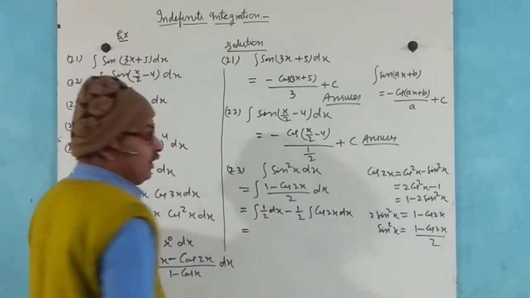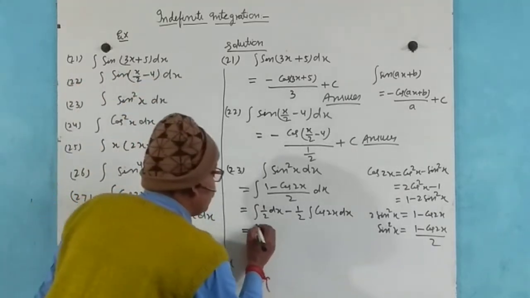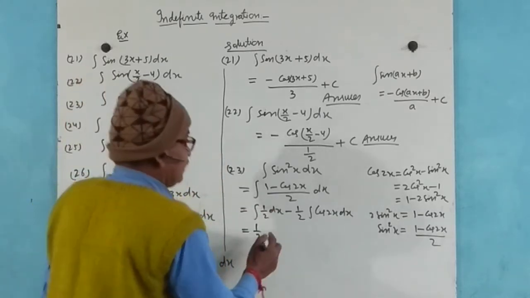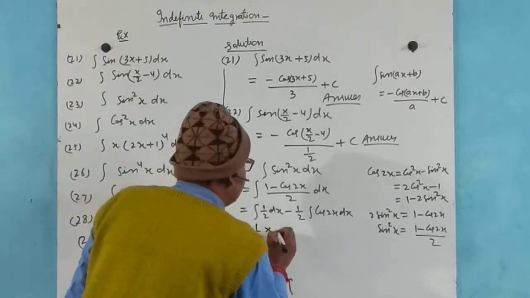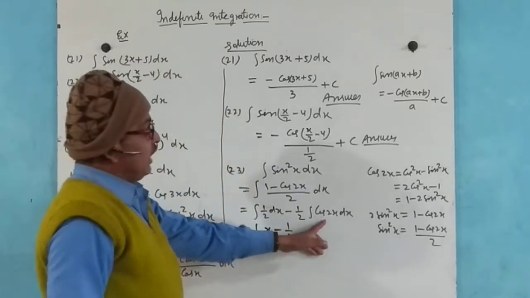This is a constant term, 1 by 2, and integration of 1 dx is x, minus 1 by 2 times integration of cos 2x.